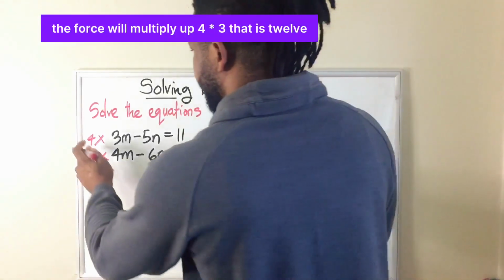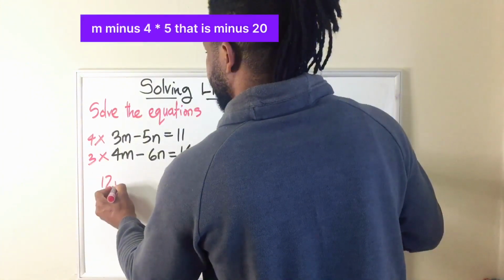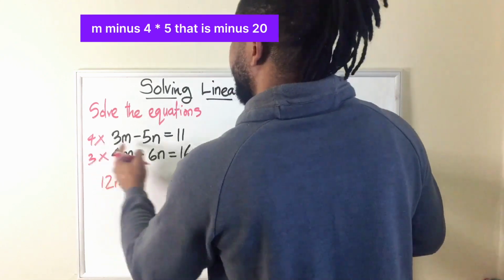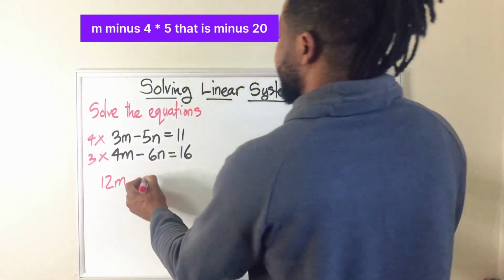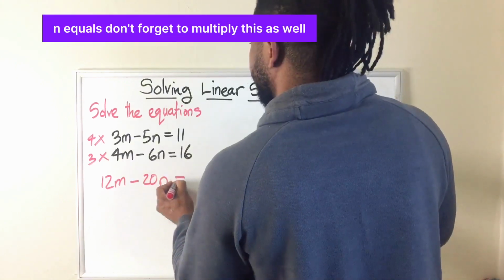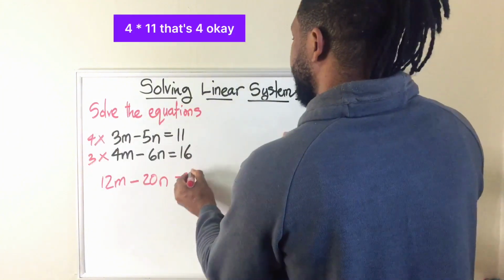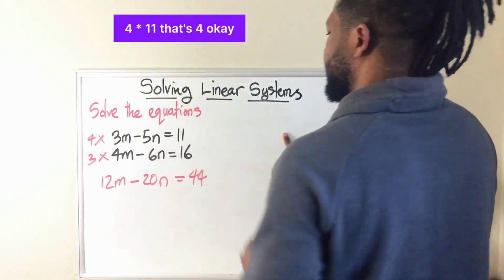So the first one, multiply out 4 times 3, that is 12m minus 4 times 5, that is minus 20n equals, don't forget to multiply this as well, 4 times 11, that's 44.